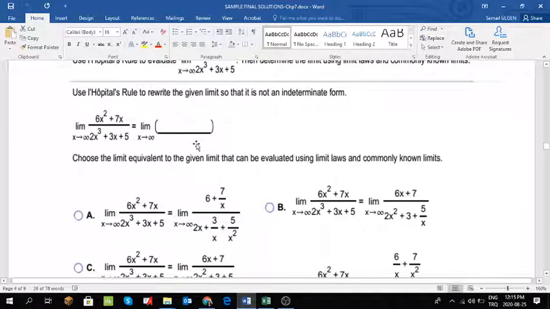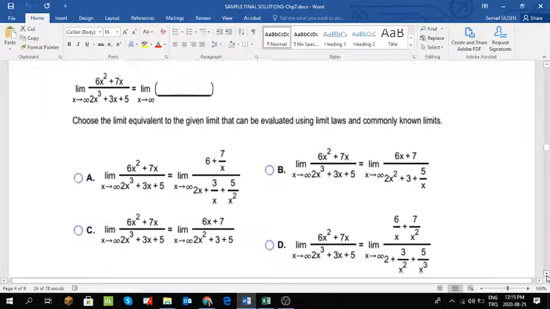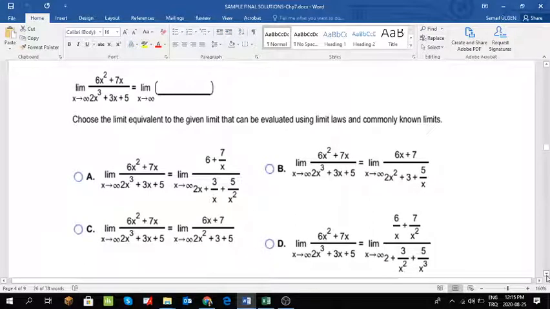The derivative of the top is 12x plus 7. Do we have it anywhere here? Actually, they do it very quickly. So if this is 12x plus 7 on top, and here 6x squared.